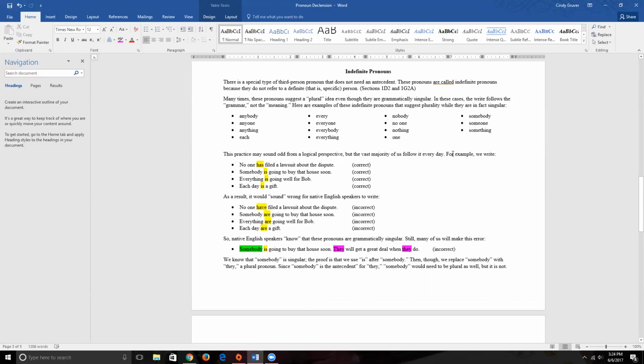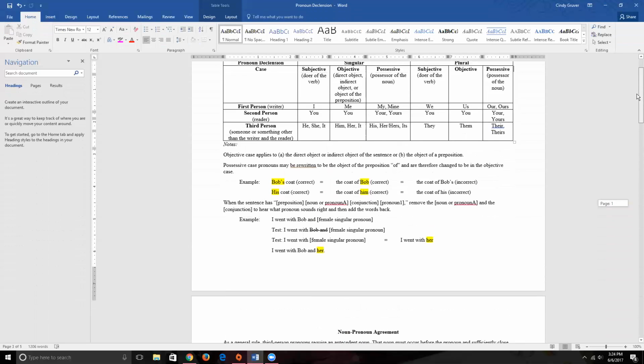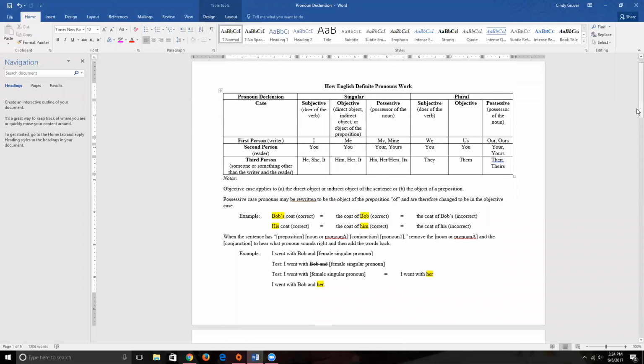And you probably already have a sense, even before we go into what the definition is, that these are fundamentally different than these. And we can see that definiteness seems to be the issue. When I use the pronoun I, it's 100% clear who I'm talking about, me, Cynthia Groover.